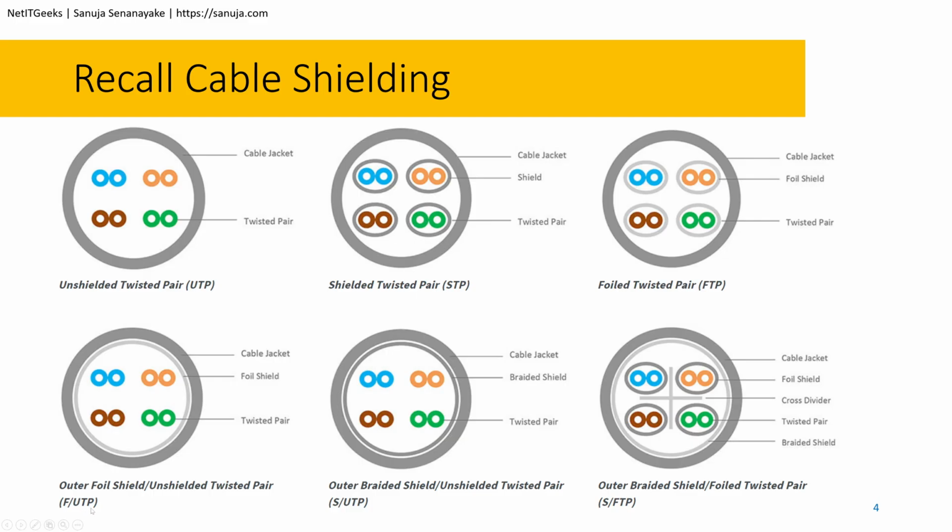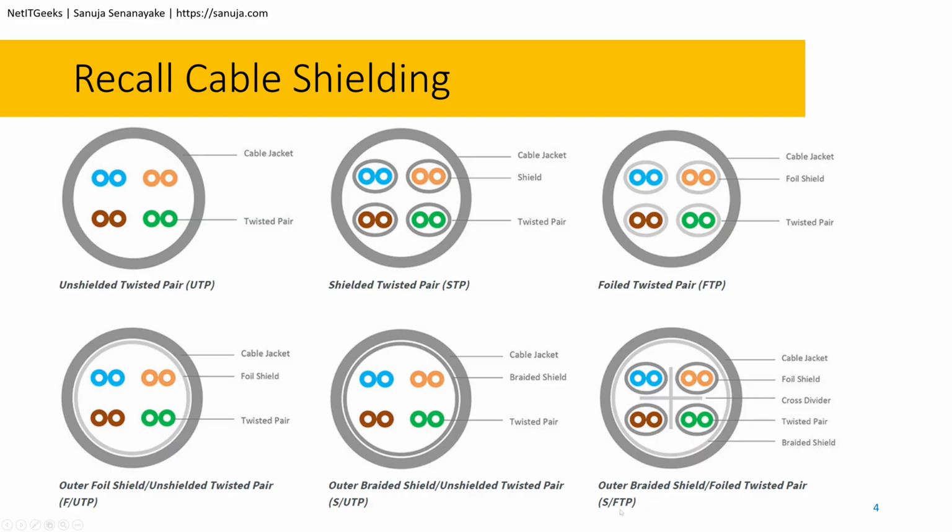And then FUTP will have a jacket outside, but right after the jacket you will have a foil right beneath it. Then you have SUTP. Again, in this one we have a cable jacket outside, then a braided shield, which is typically used in outside environments, and that's why we use that type of cable.